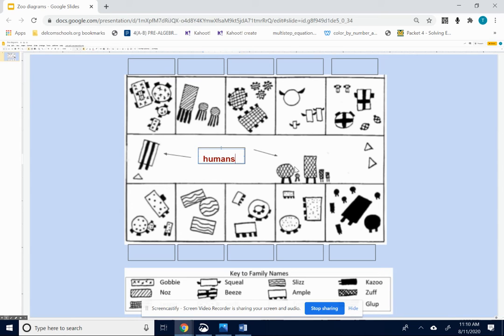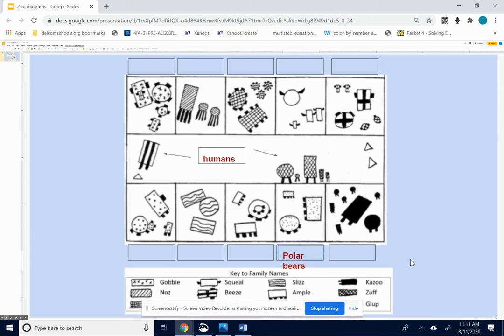Question 1. What family is visiting the polar bears? What do you know about this group of animals? If the question says, what family is visiting the polar bears? This is the visiting family. So this group right here has to be the polar bears. So I'm going to go ahead and type that in. Don't worry if you get out of the text boxes. Just get you a start.